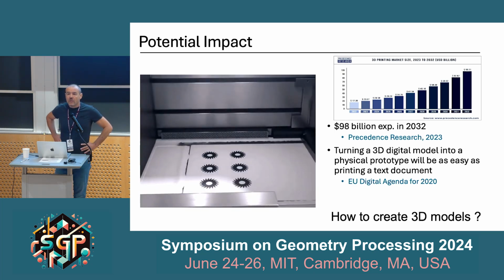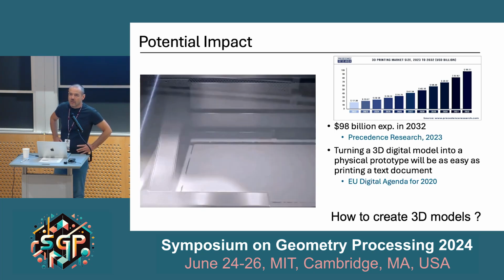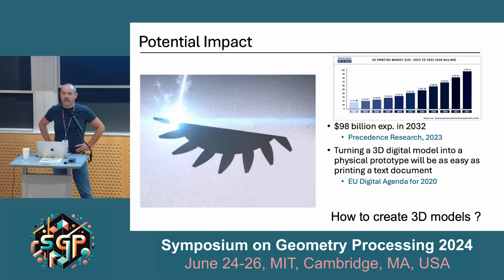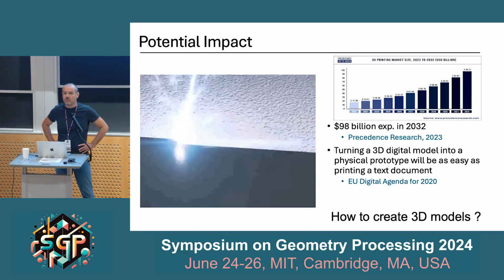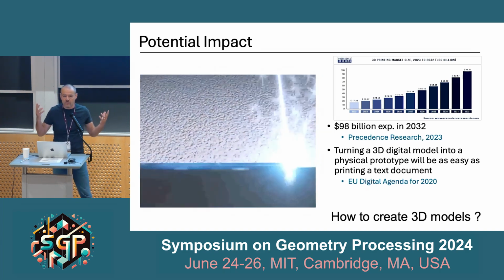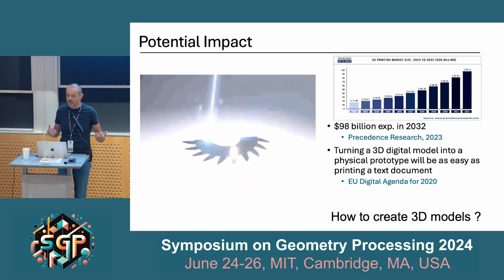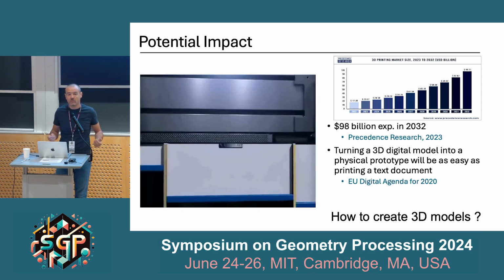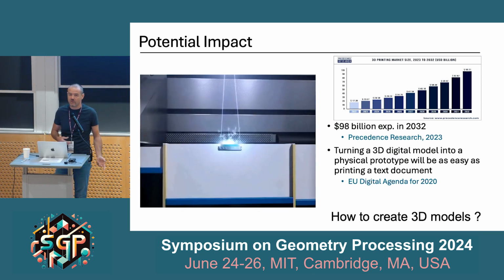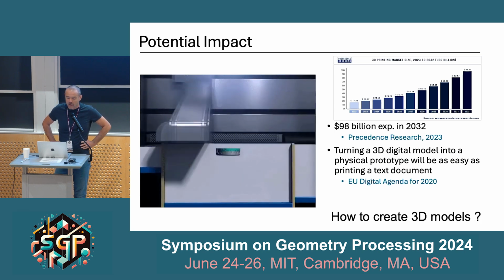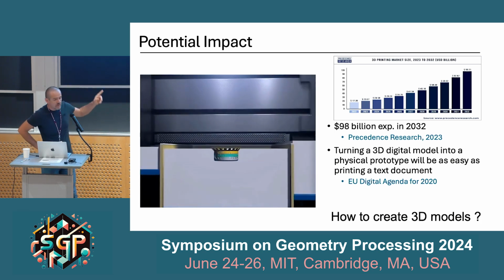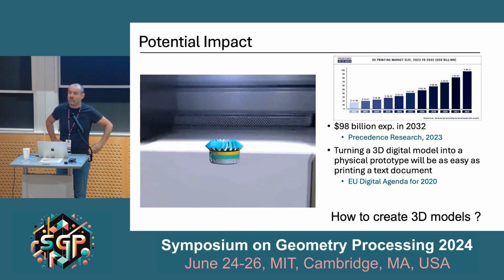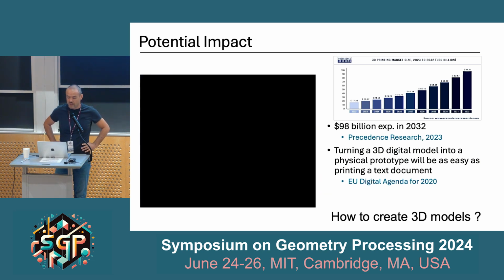Flexibility is the core here because the fact that you can use a 3D printer to produce virtually any shape you can invent has made the market really explode, together with the fact that these printers cost very little money. And as you can see here, the growth of the 3D printing market is exponential.